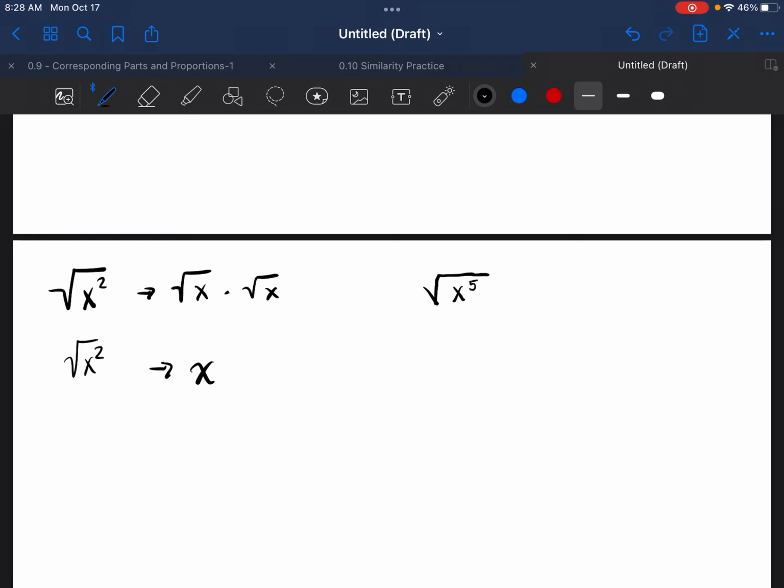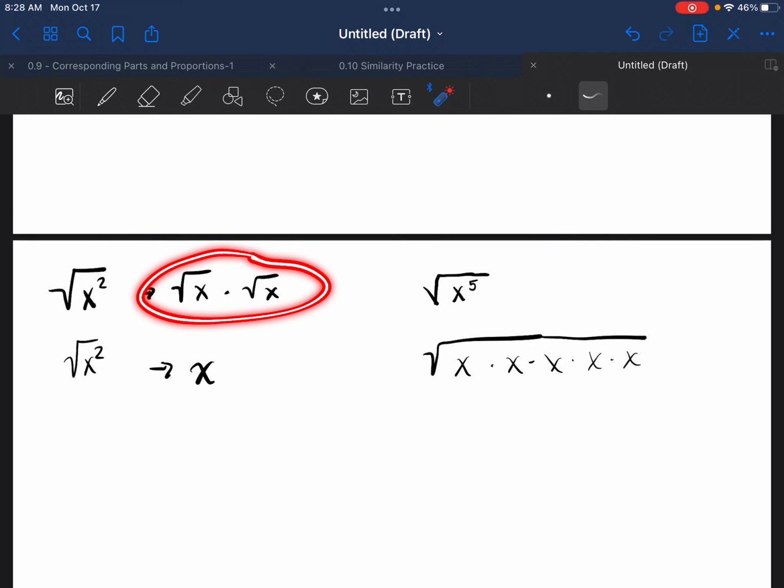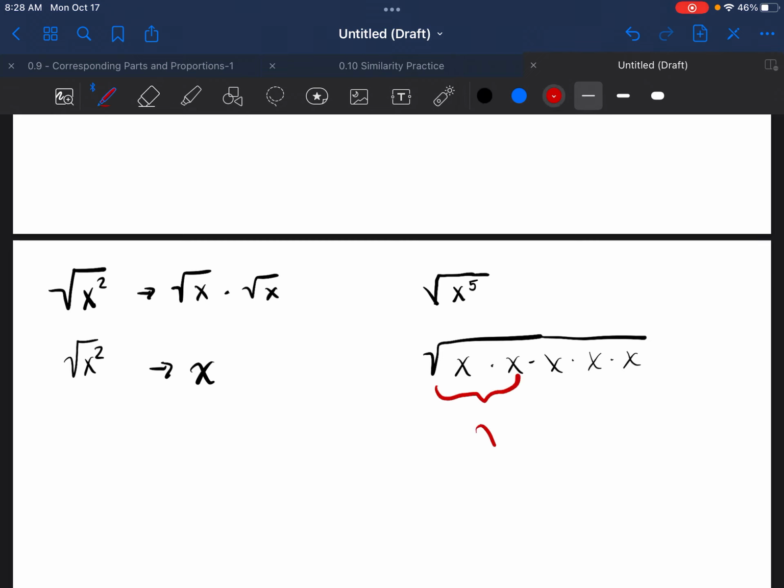Now, how can that information help us solve when we have the square root of x to the 5? I can write this out, 5 x's, and I know that I'm really looking for groups of 2, wherever I see them, and each will equal one of the variables. So I have x times x, well, that's x.